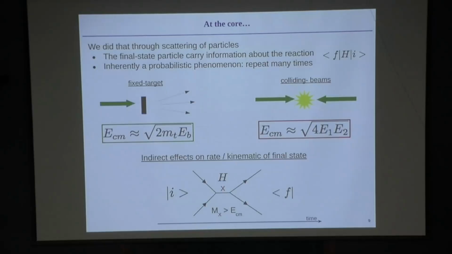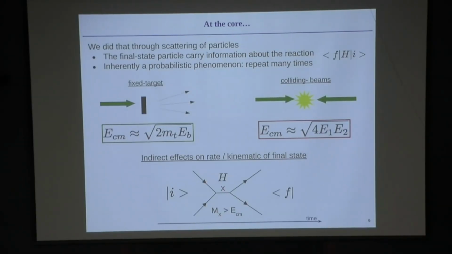The second way we can do this is to study indirect effects of new particles. This is an interesting way because it gives us some sort of leverage. It turns out that the rate and kinematics of some of these scattering processes can be influenced by particles that you don't have enough energy to produce, but that can still influence the rate of processes.